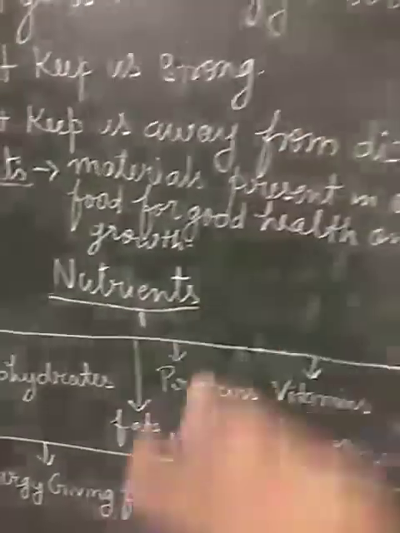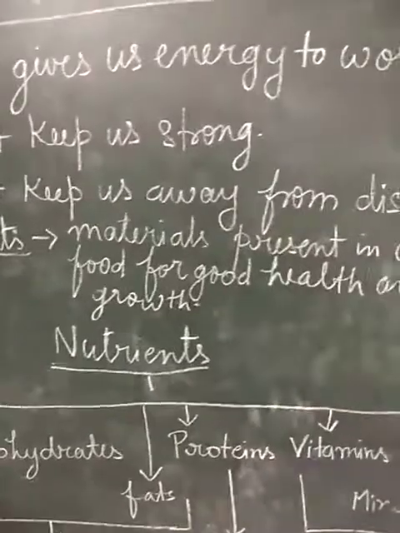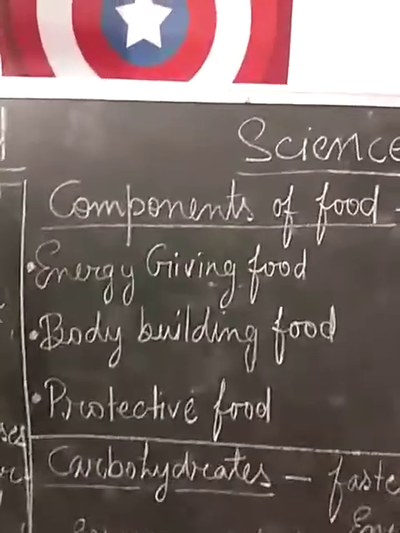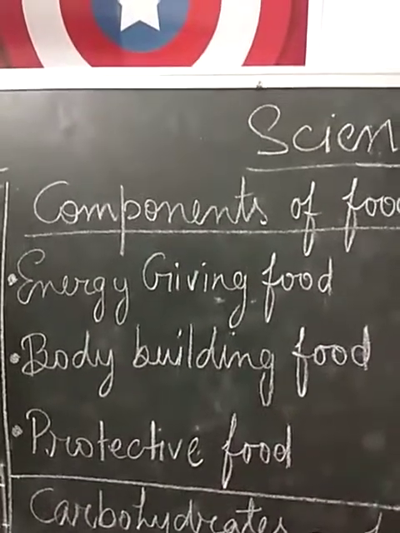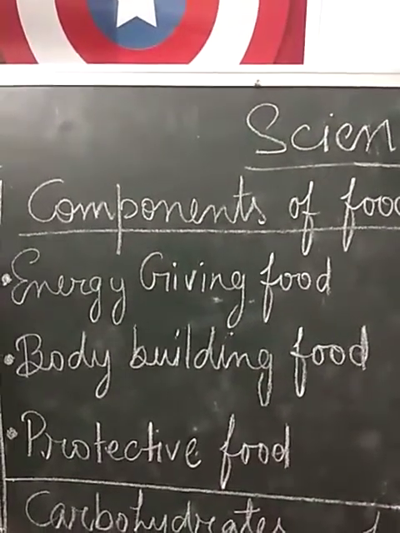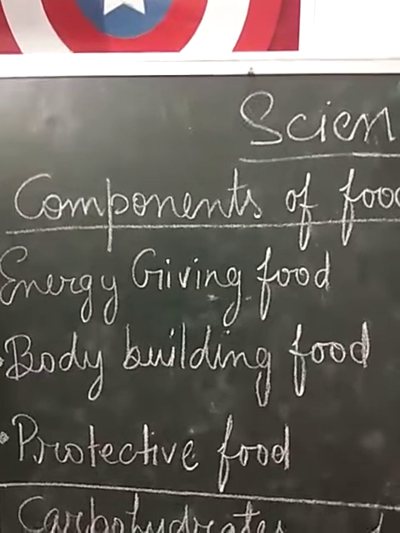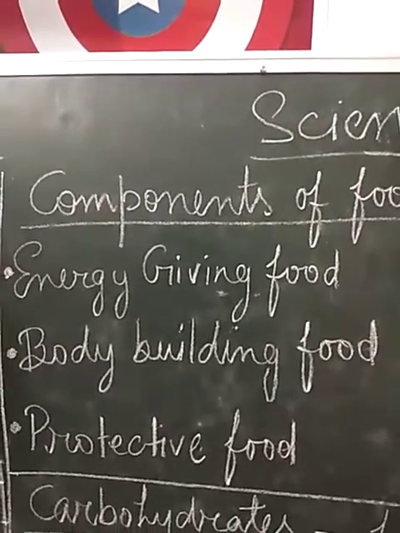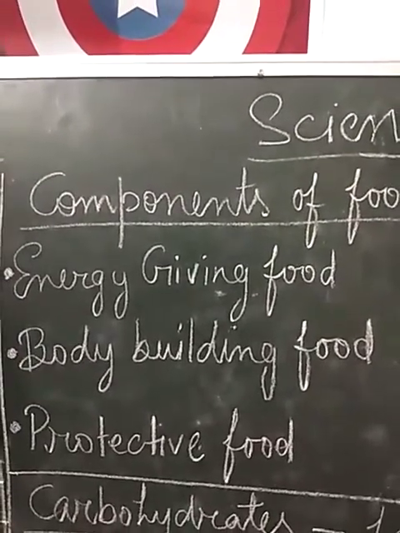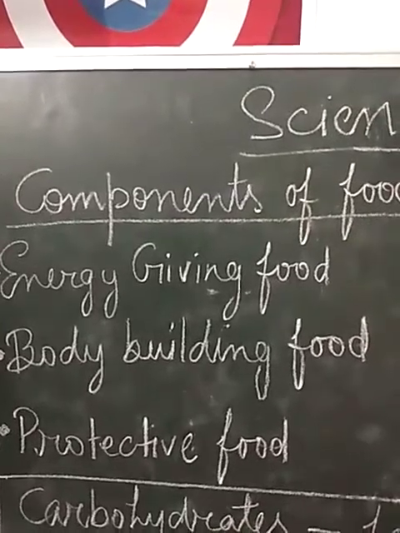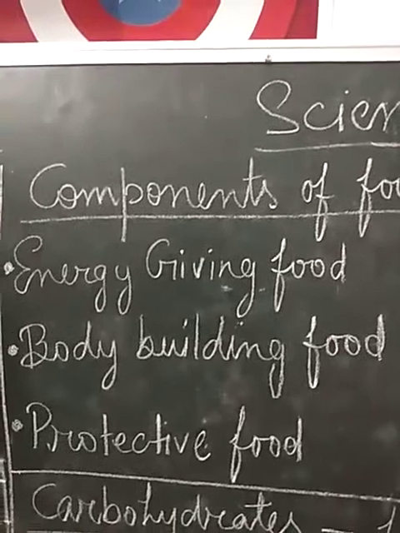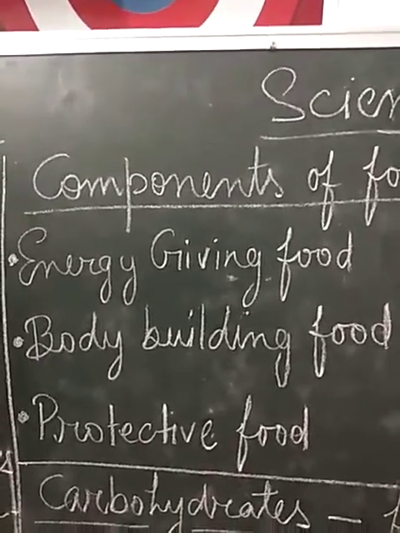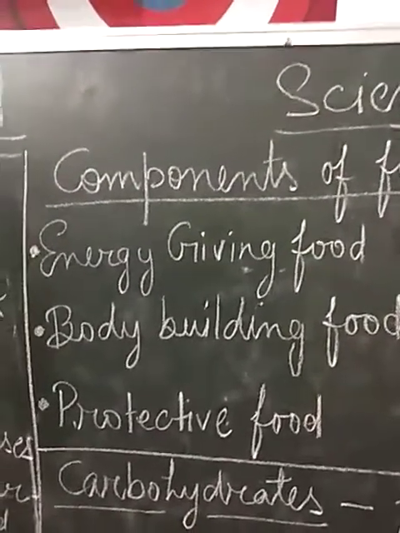So on the basis of these things, we can see that there are 3 types of components of food. First is energy giving food, second is body building food, and third is protective food. Carbohydrates and fats are energy giving food, protein is body building food, and vitamins and minerals are protective food. They protect us from various diseases.